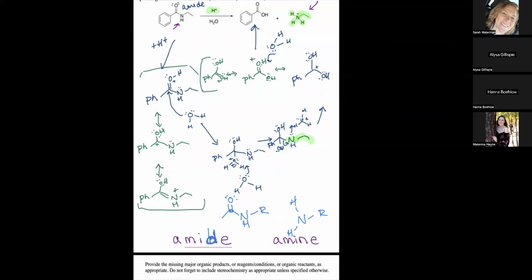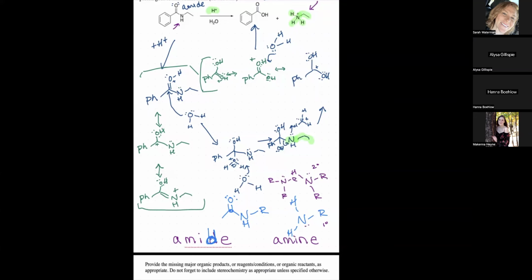And then the difference between first degree and second degree amines is, if you have this versus this, this is a first degree, this is a second degree, or primary, secondary, right? Tertiary would be with 3 R groups on it.